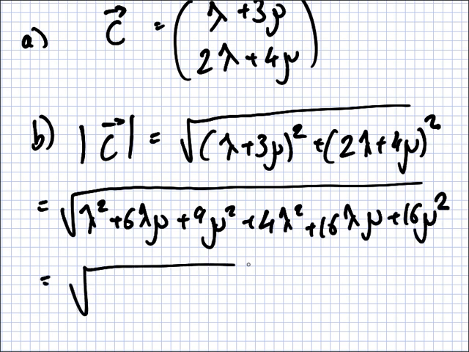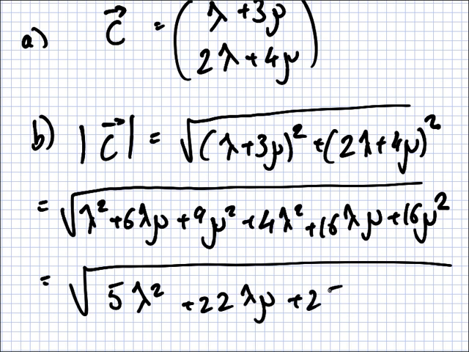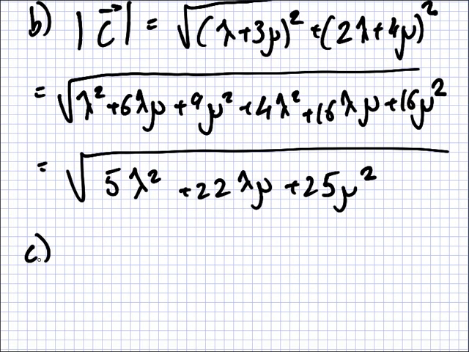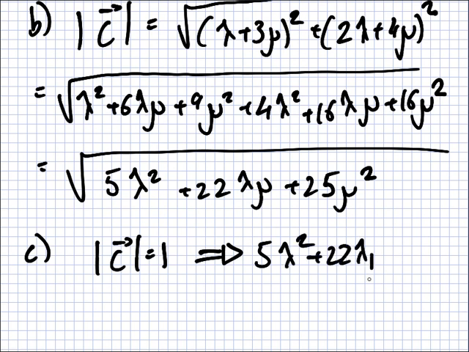So that's square root lambda squared, 4 lambda squared, 5 lambda squared, yeah? 6 lambda mu, 16 lambda mu, 22 lambda mu, plus 25 mu squared. That's the magnitude. What is the relationship between lambda and mu if C is a unit vector? Well, if C is a unit vector, that means that 5 lambda squared plus 22 lambda mu plus 25 mu squared should equal 1.